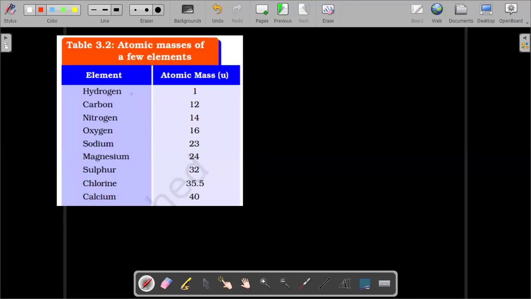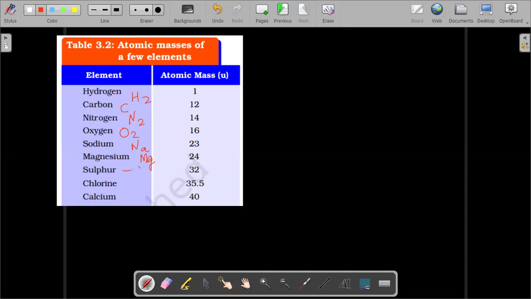Hydrogen exists as H2, carbon exists as a single atom, nitrogen exists as 2 atoms combined together, that is N2, oxygen exists as O2, sodium exists as Na, magnesium exists as an atom Mg.